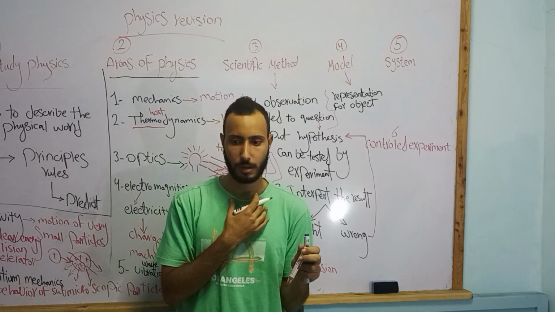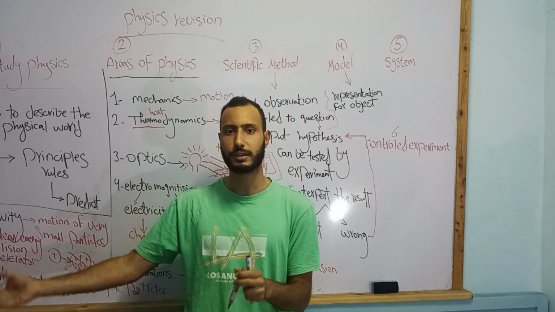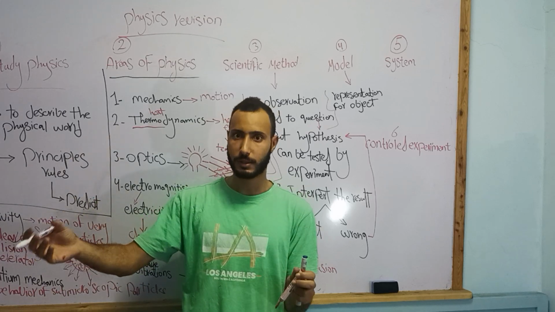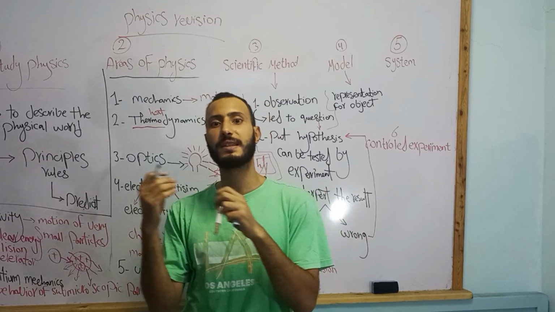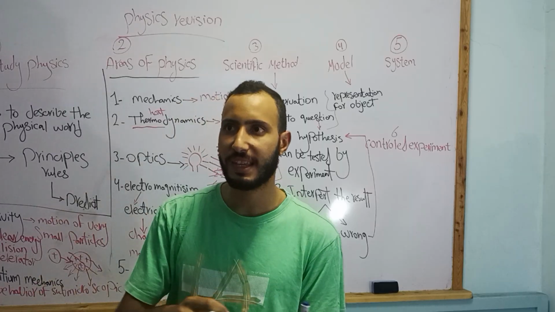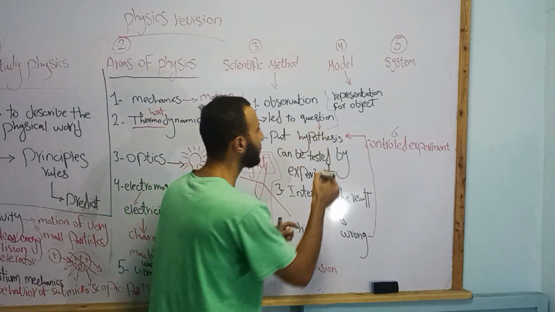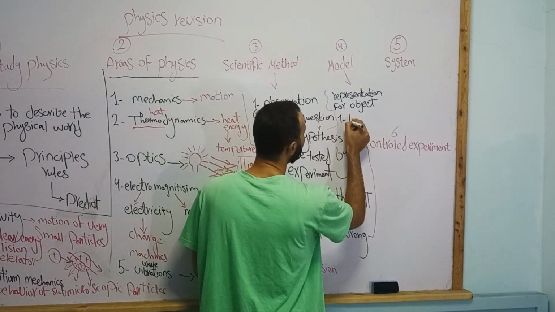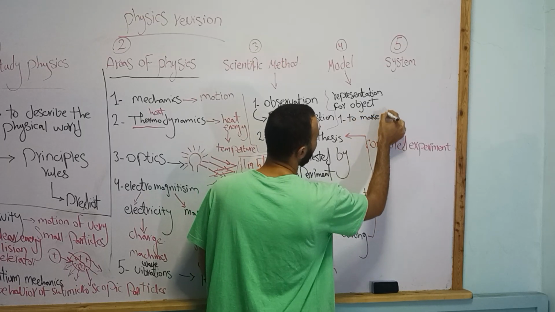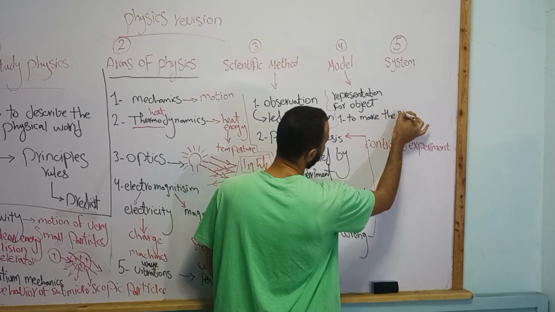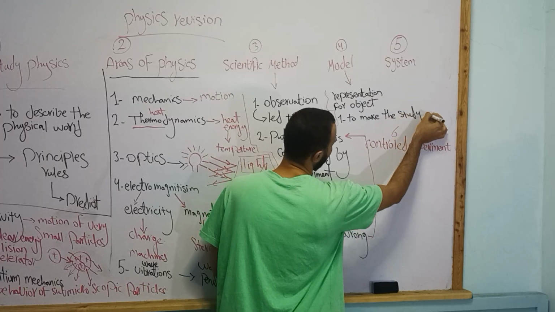As a teacher, if I get very small students or very young students, I'll take my model with me to explain the solar system for them, to make it easier for them. So because of that, I'll say first one, to make the study easier.